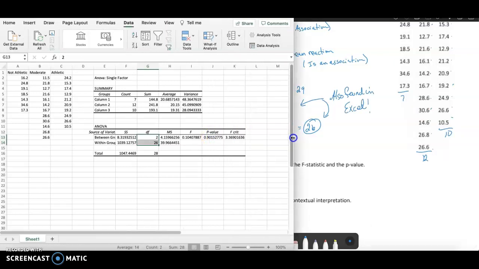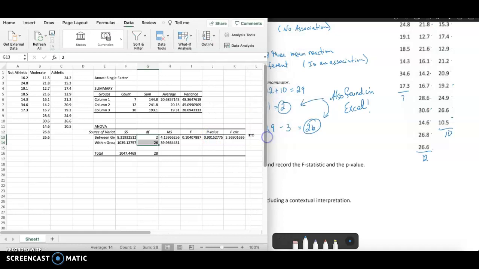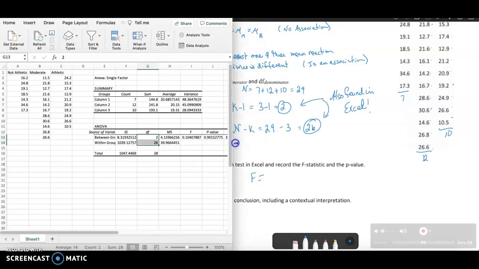Now I need to record the p-value and the F. It says F crit, or F critical, oh sorry, not the F critical, that's not what we want. We want just the regular F and the p-value. So F is equal in this case to about 0.1041.